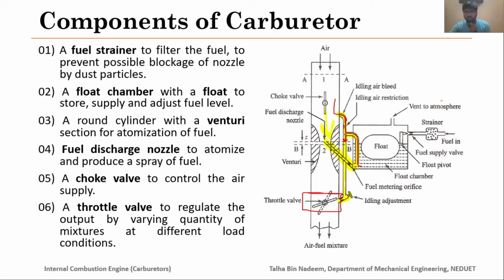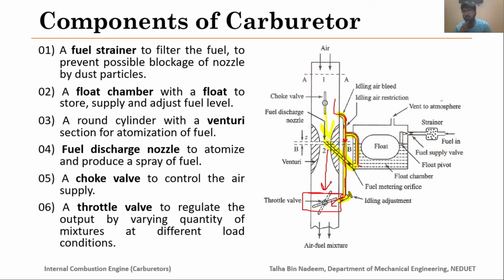It will mix with the small amount of air which has come from the idling air bleed, and then go towards the throttle valve, where it will mix with the air fuel mixture coming from the main venturi jet.